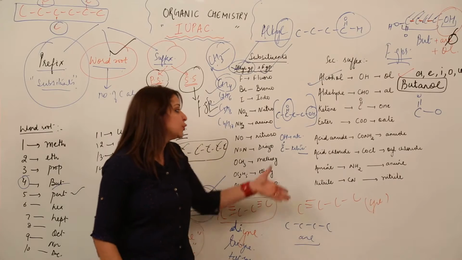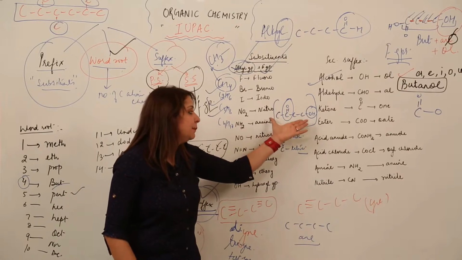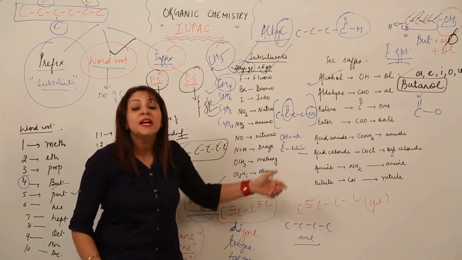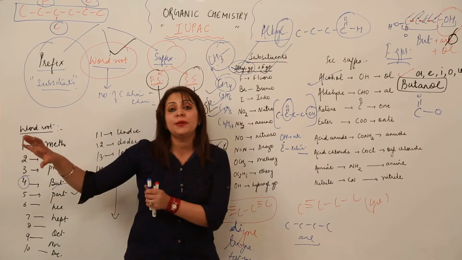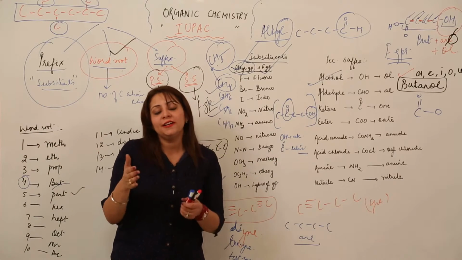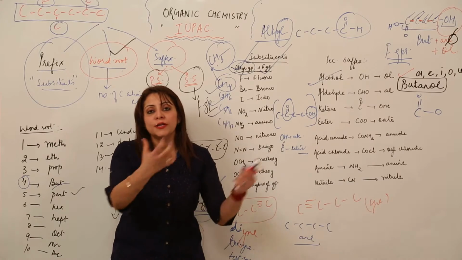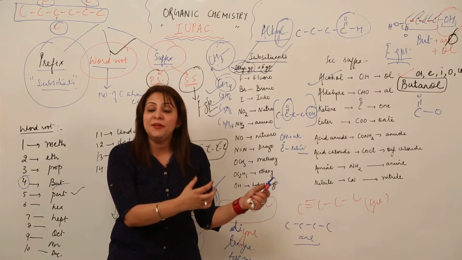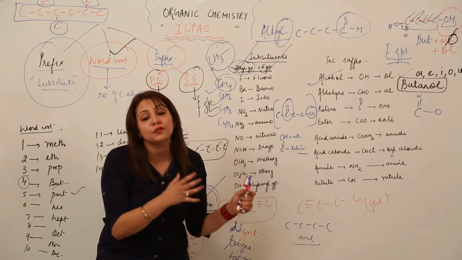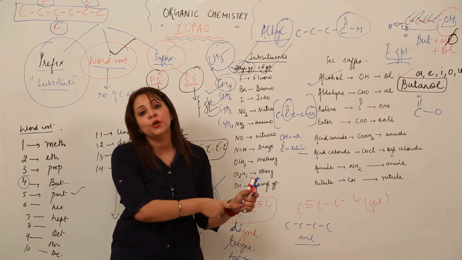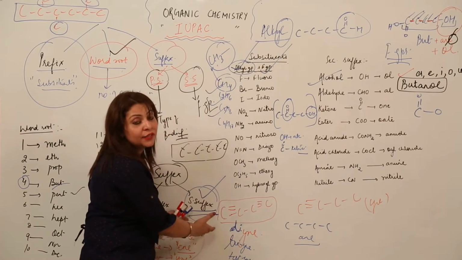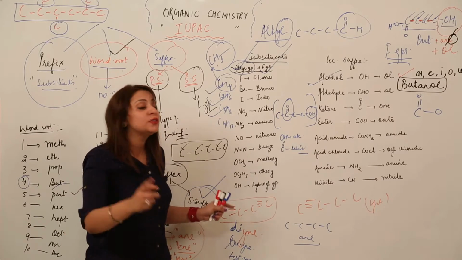So if I get a compound which has more than one functional group, then we have an order of preference, right? The group that falls first is given preference, that means it is considered as the parent functional group, and that parent functional group's suffix is used as the secondary suffix, and the other functional group is used as a substituent.